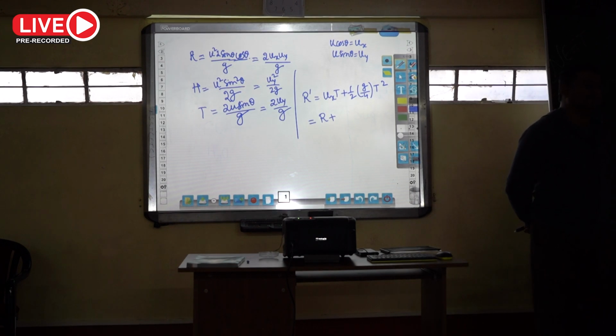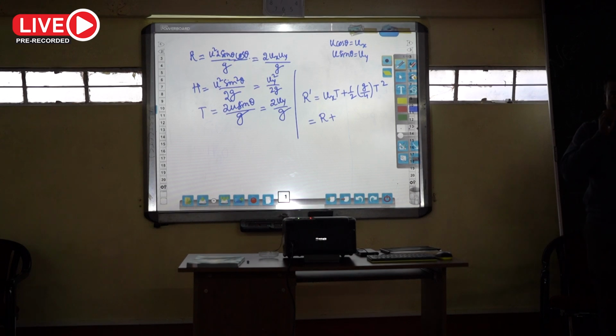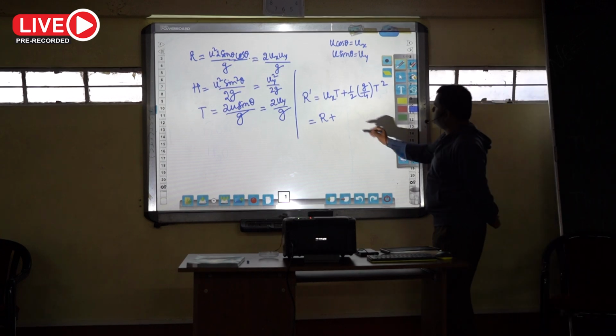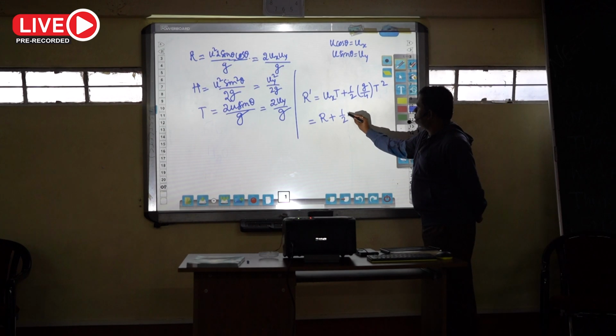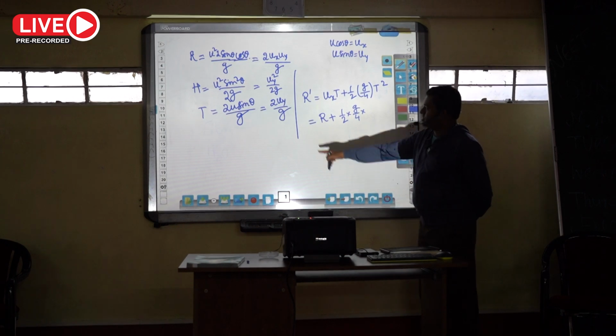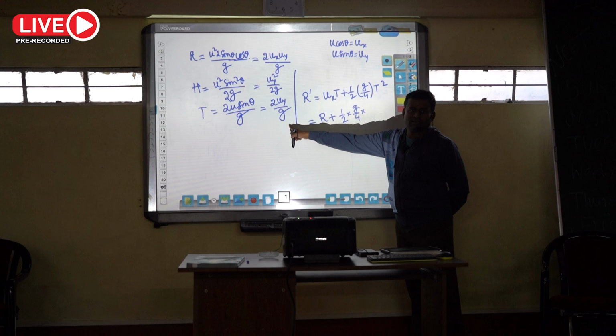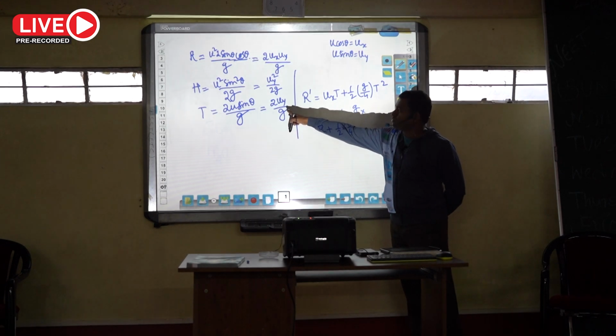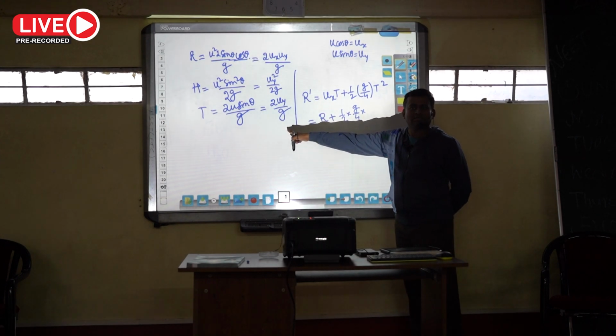So what will come as the extra part? Put half into g by 4 into t square. T square means this one, that is 4uy square by g square.